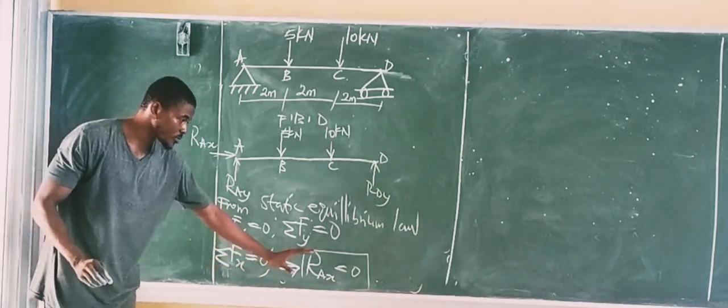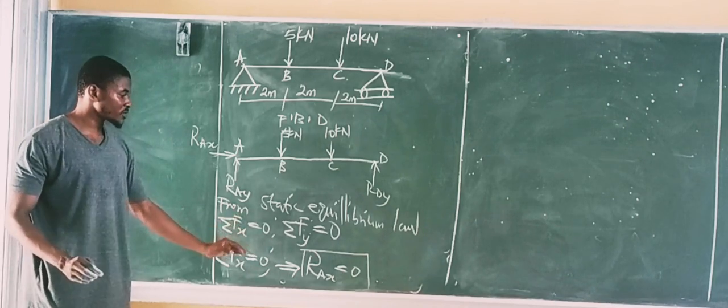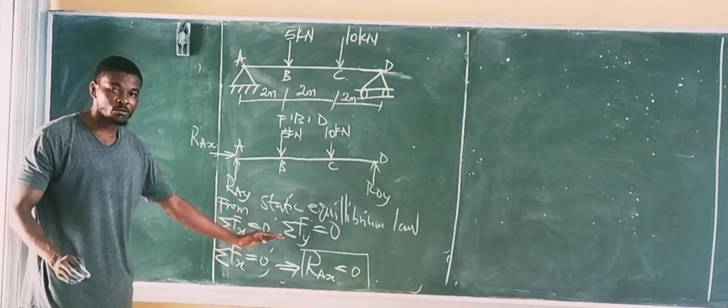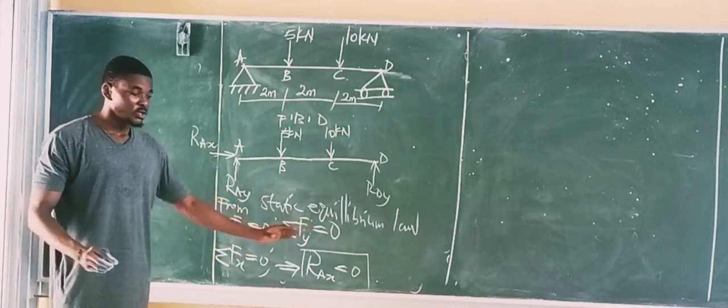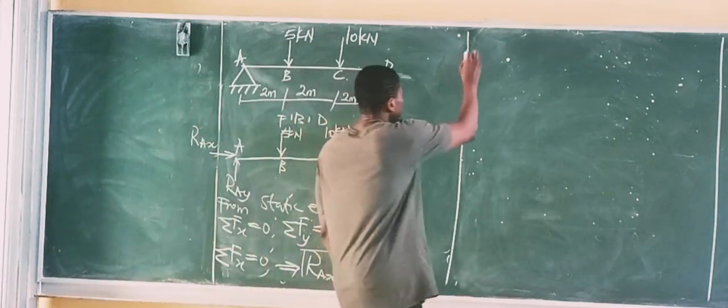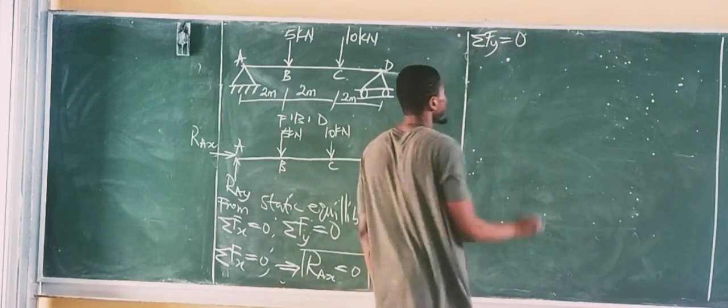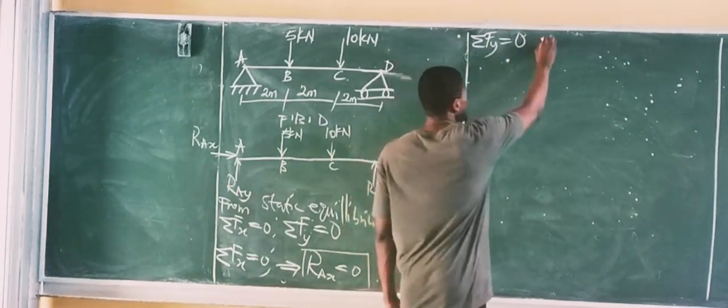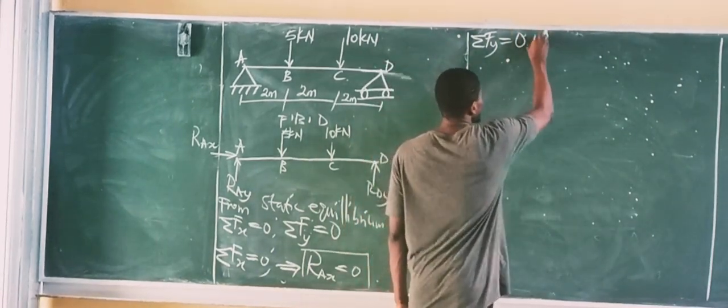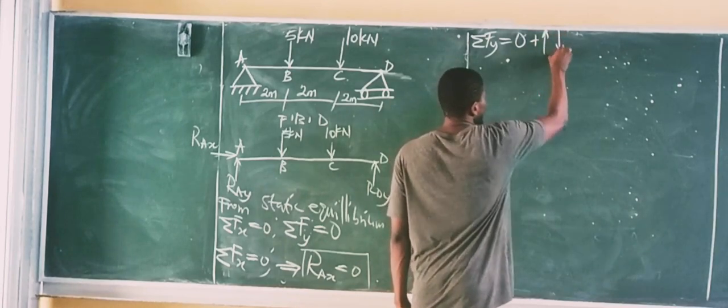The next equilibrium law says the summation of vertical forces, summation Fy, is equal to 0. When doing this, you consider vertically upward forces as positive and vertically downward forces as negative.